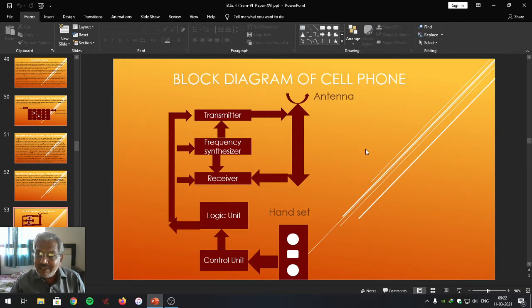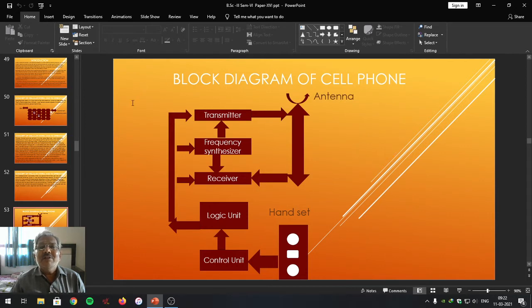In the beginning, AT&T is the first company. Nowadays, Airtel, Idea, Tata Docomo, Vodafone, Reliance, many companies have developed that particular cell phone card. Thus, basically, we can say it consists of handset, and within that there is a card.